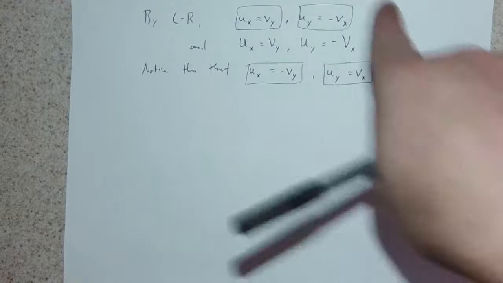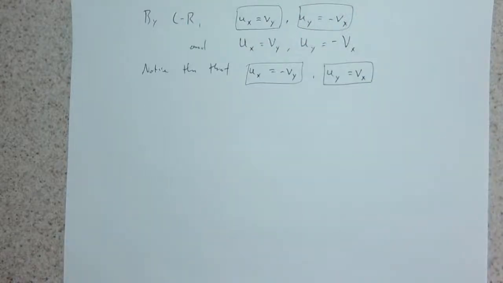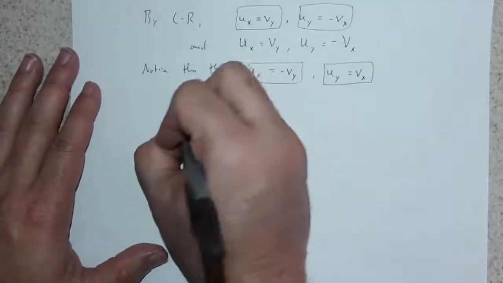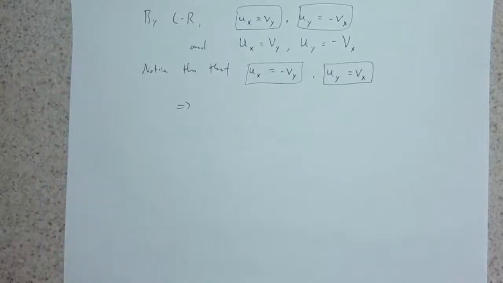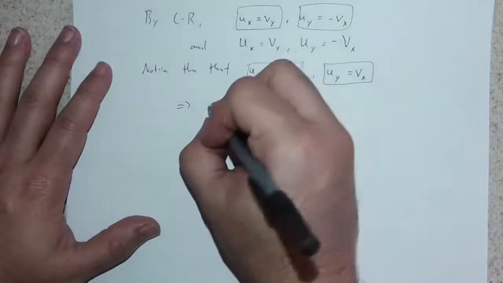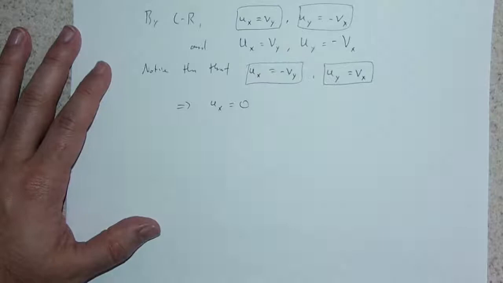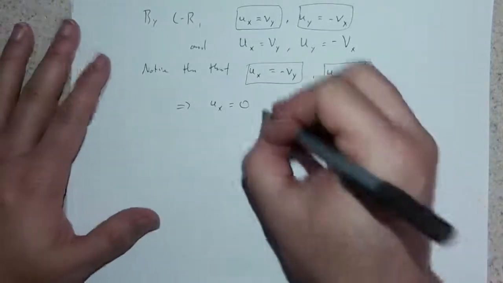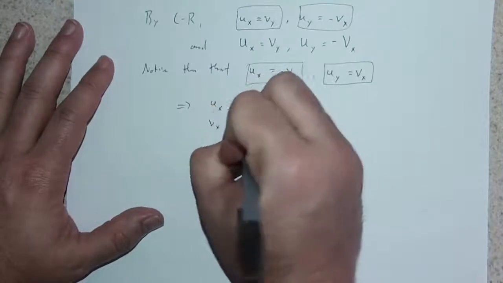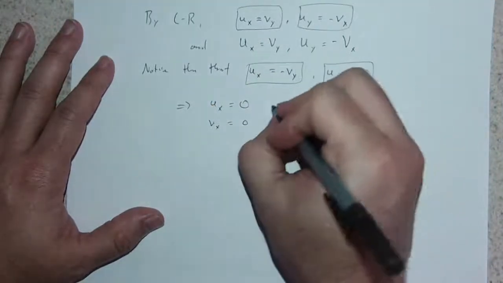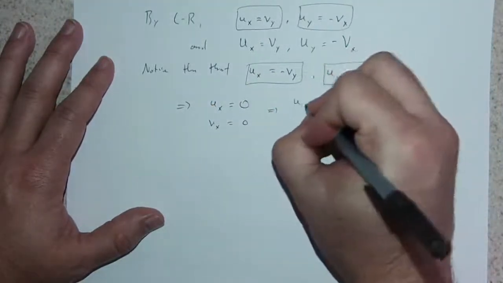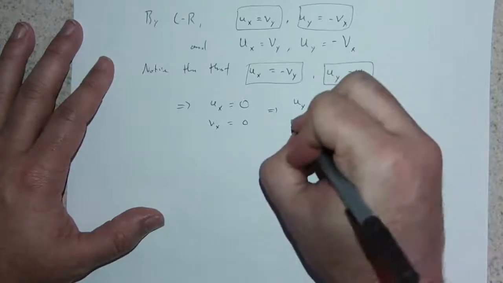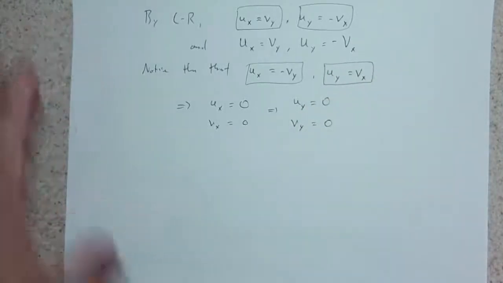What does that mean about these things? Well, this means that u sub x is equal to 0, v sub x is equal to 0, and these things also imply that u sub y is equal to 0 and v sub y is equal to 0.